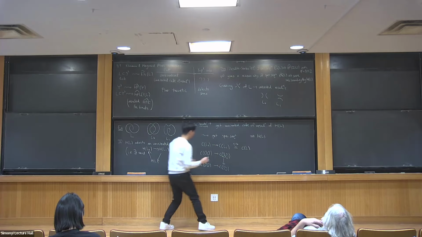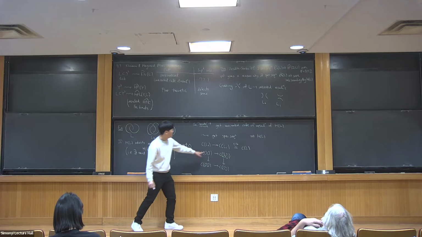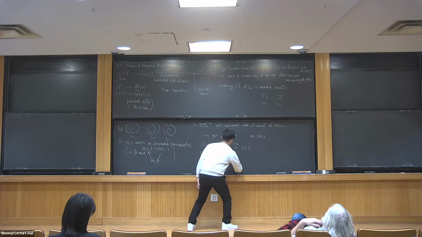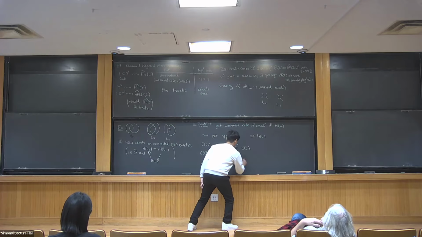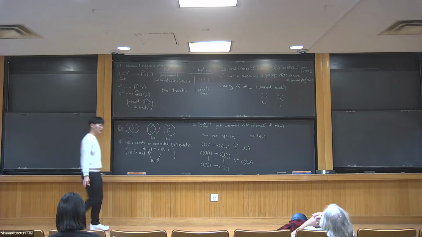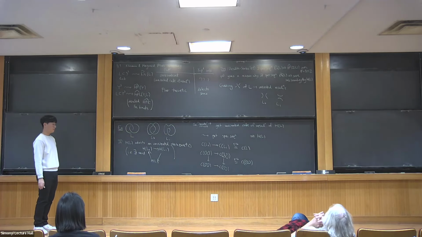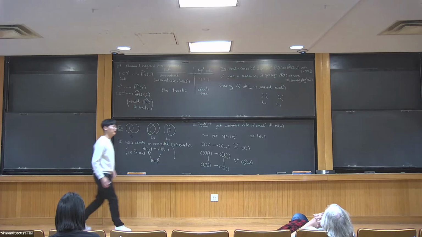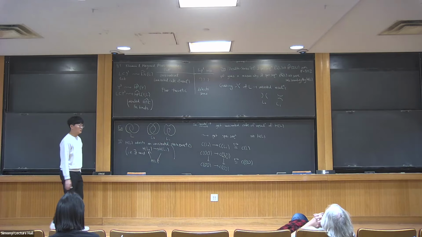Maybe I got the conventions wrong, but you want to say that this iterated mapping cone is quasi-isomorphic to this chain complex. So this would be the second step of iterating your unoriented skein exact sequence.